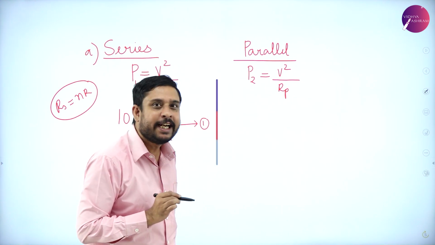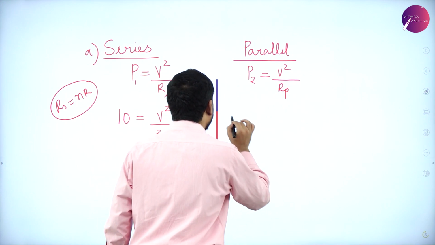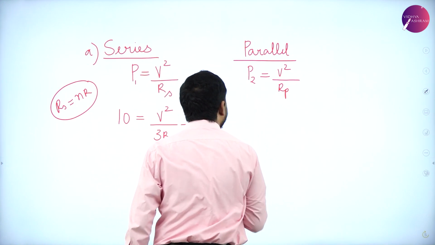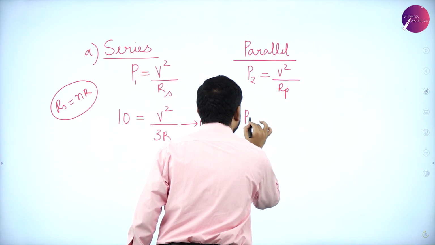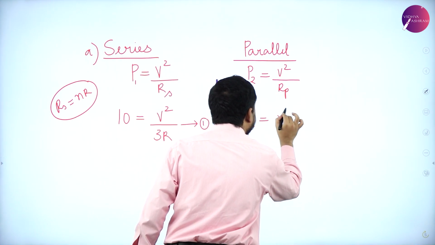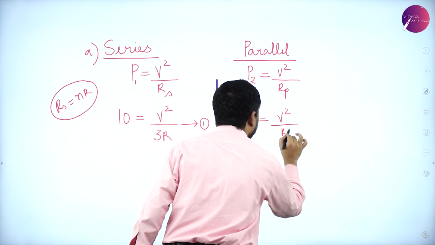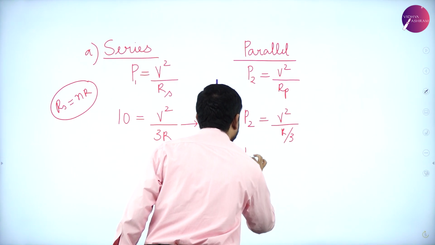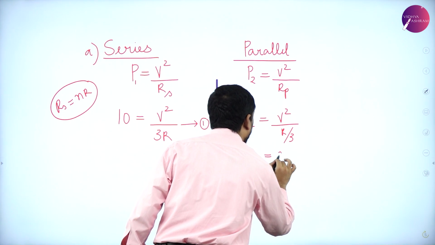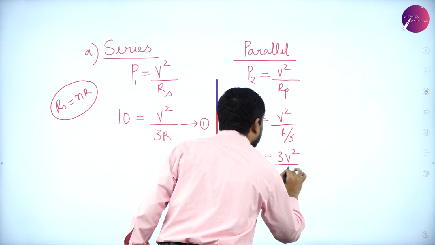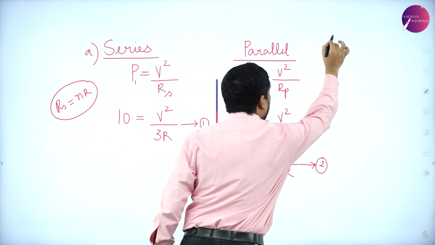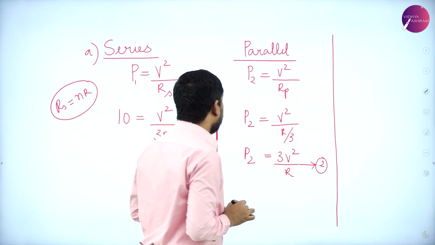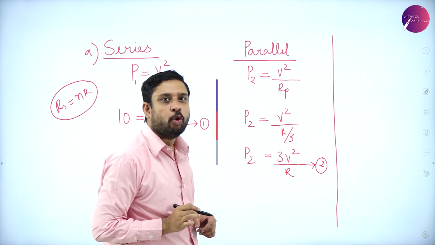And when they are connected in parallel, Rp becomes equal to R by N, so P2 is V square divided by R by 3, or P2 is 3V square by R. This is equation 2.